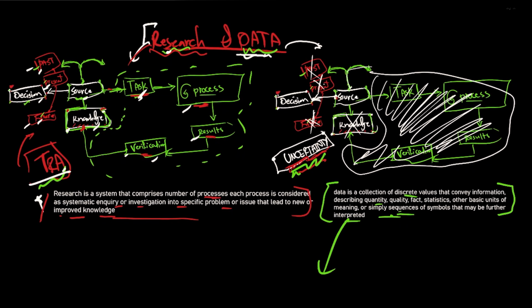So by the end, you see quite clearly, from a graphical point of view, how both research and data aim to eliminate this world of uncertainty and convey the world of knowledge based on fact, statistics, good numbers, and right methods.